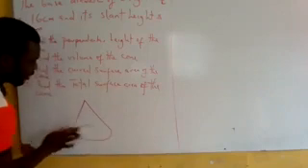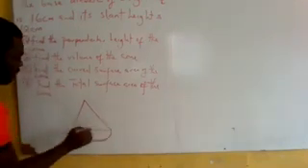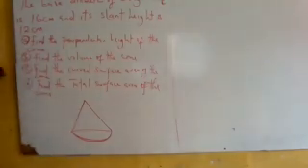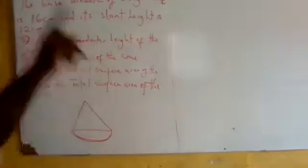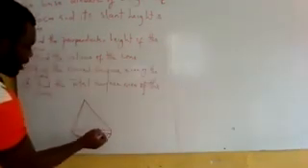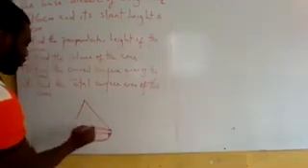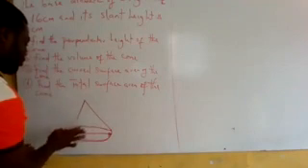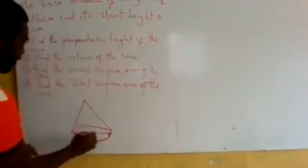So now what is the information that we're given? The cone has a base diameter, meaning that from here to here, which will be our base diameter, is 16 centimeters.